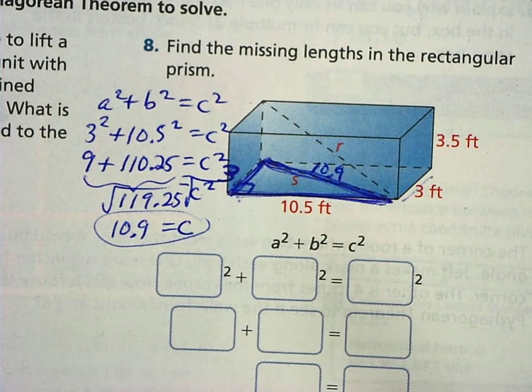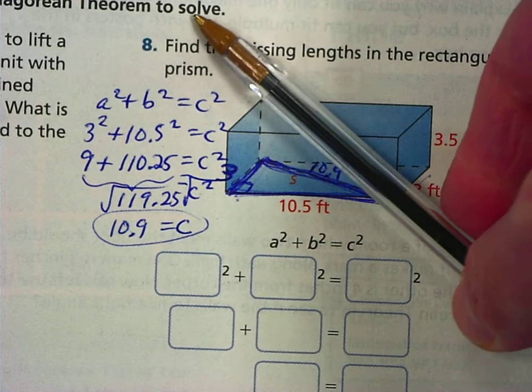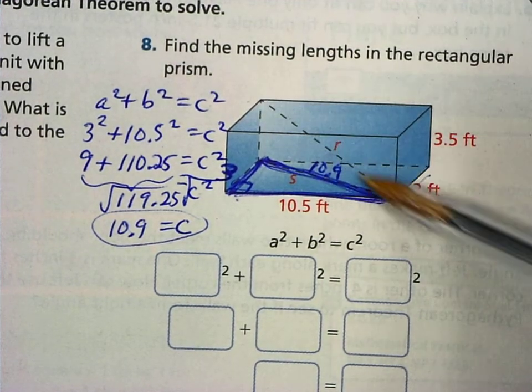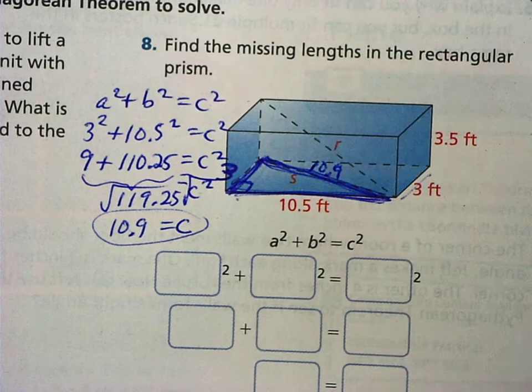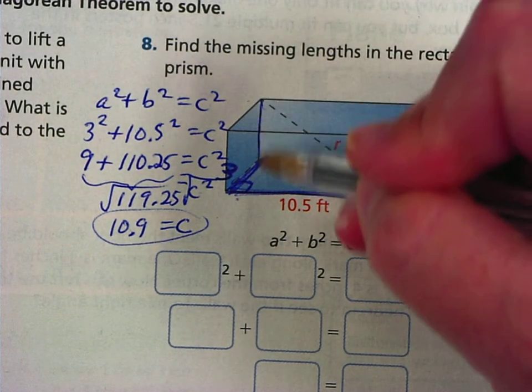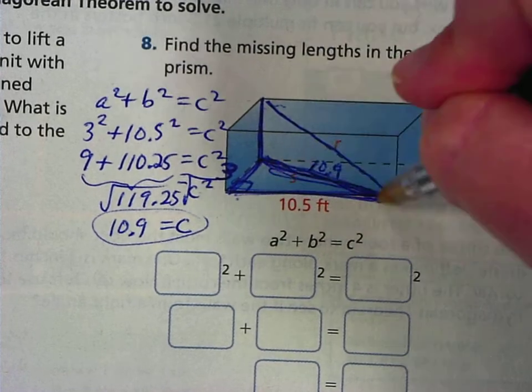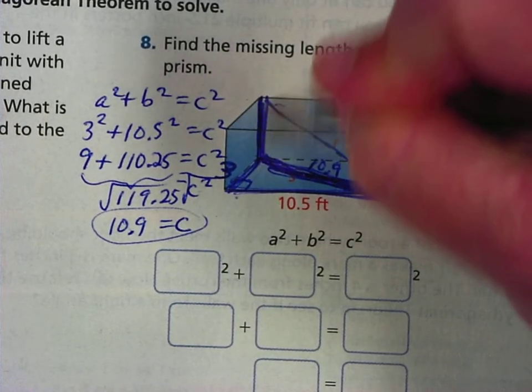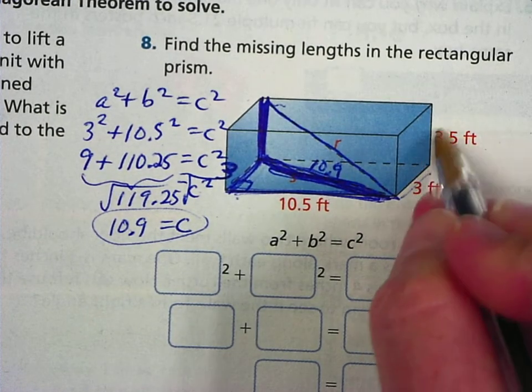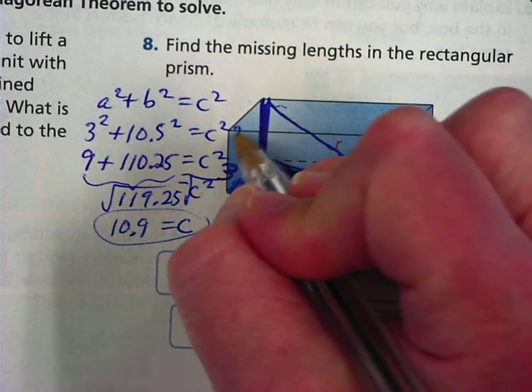Okay, so now I'm going to find this diagonal that goes from the very top of this corner to the very bottom of this corner through the center of this box. So now I'm going to use this side that I just found, and this height of the box, which is 3.5, because this is 3.5, then this is 3.5.